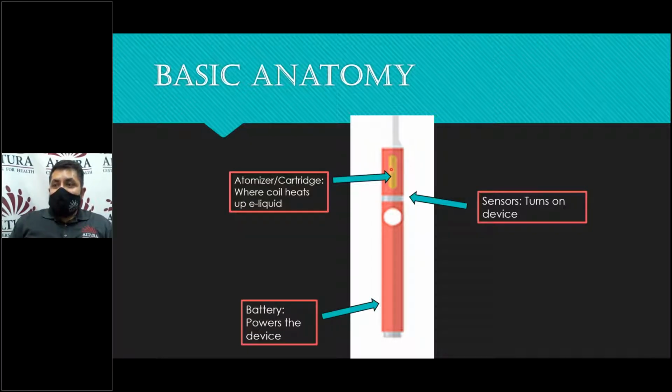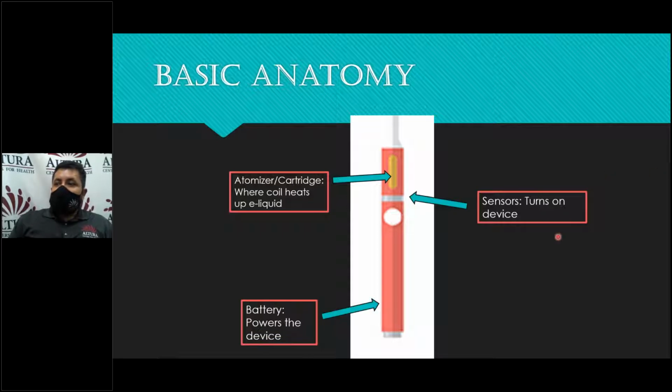The atomizer is where the cartridge goes in, or where you drip in the e-liquid. What the atomizer does is heat up the e-liquid or the flavoring, and that's what turns it into vapor. When it turns into vapor, that's when the user inhales. That's what the vapor is.